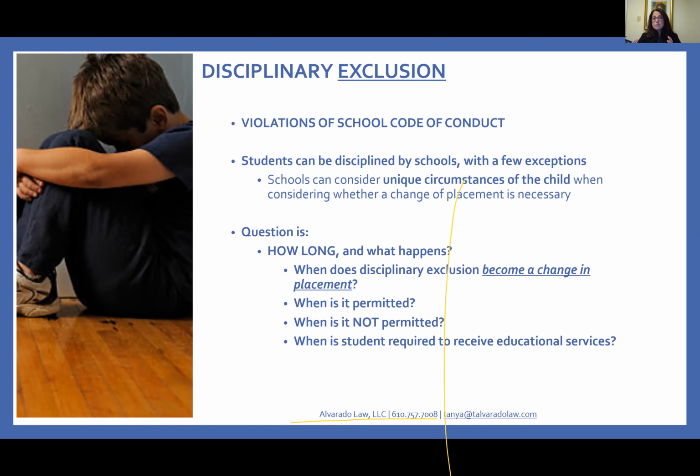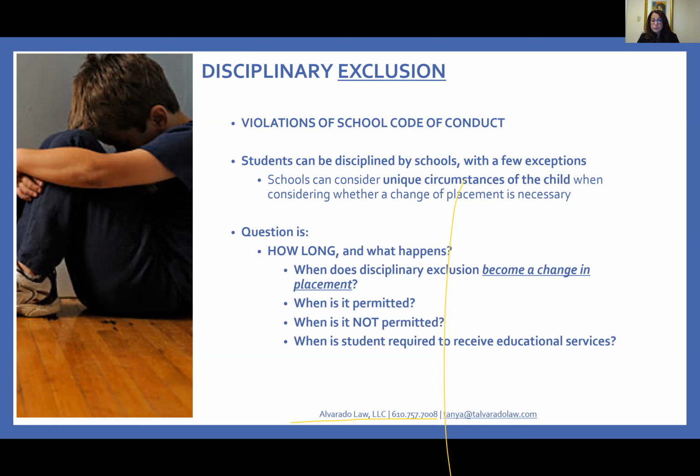But part of the question is, okay, well, they can, except for certain circumstances, but for how long? How many suspensions can they give? How many consecutive days can your child be excluded from school or not have access to their education? When is it allowed? When is it not allowed?